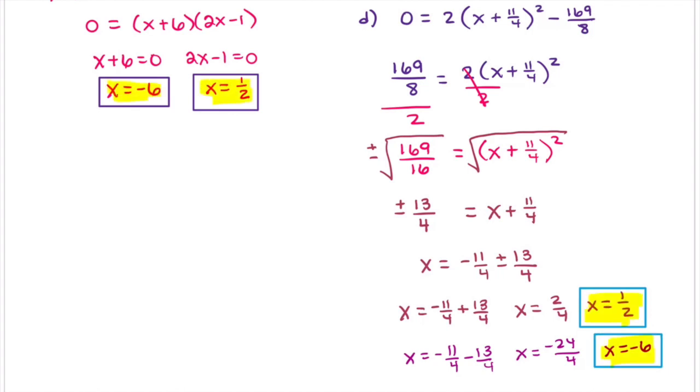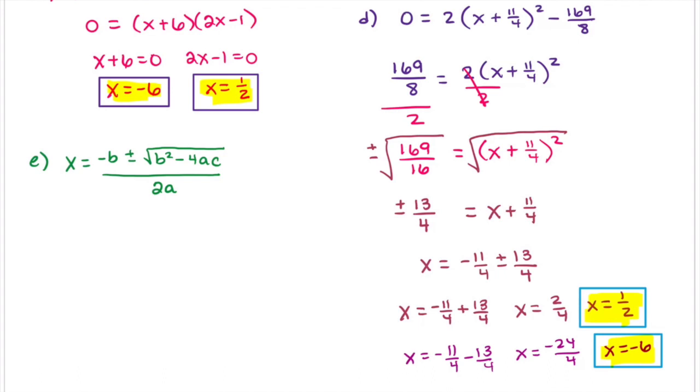The last part is we want to use the quadratic formula. So let's do part E. The quadratic formula is x equals negative b plus or minus the square root of b squared minus 4ac, all over 2a.